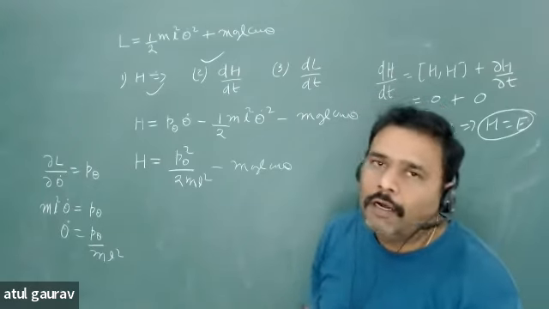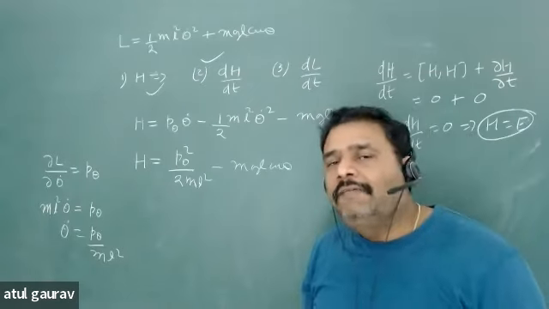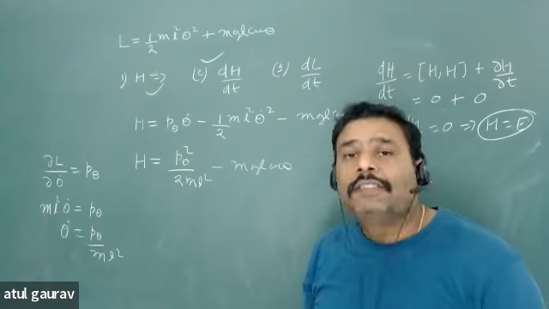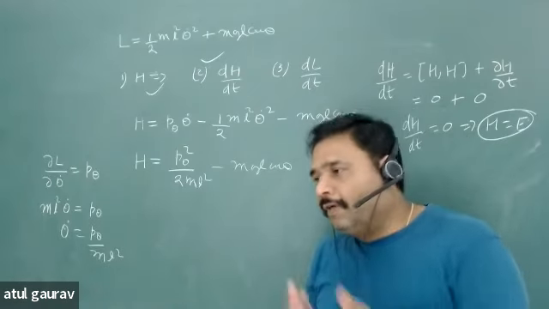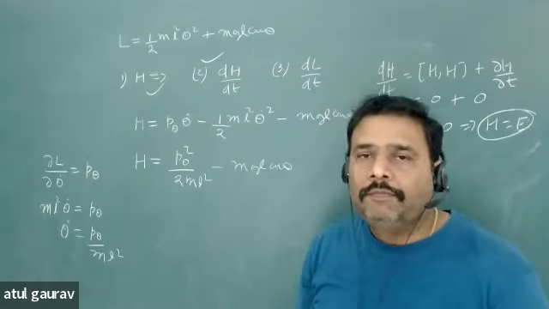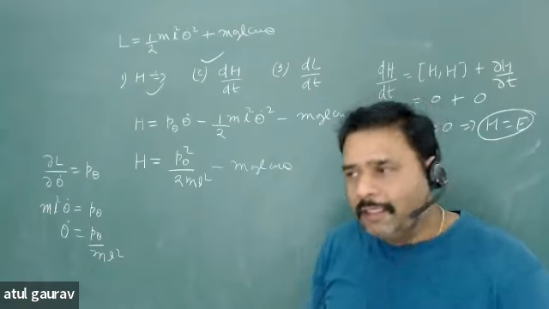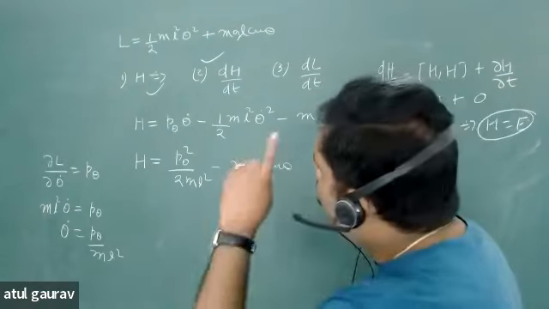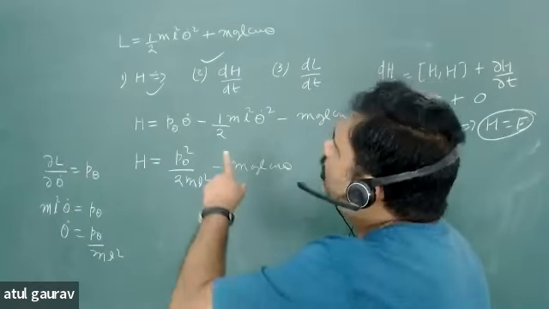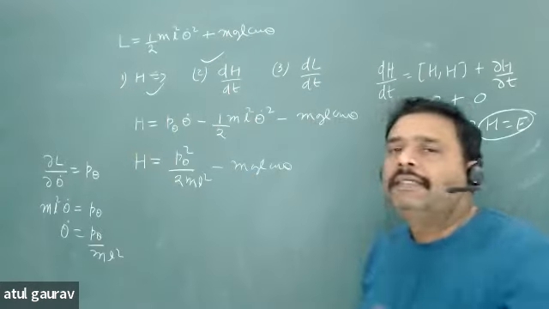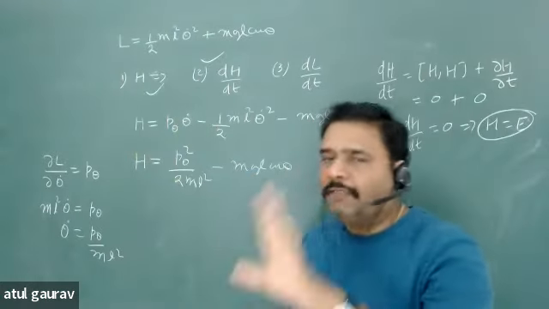Why? Because it is not necessary that the total time derivative of any function apart from the Hamiltonian will be equal to the partial time derivative of that particular function. Let us try to figure it out. But before that, we have to write the Lagrangian mathematically as a function of generalized coordinate and generalized momentum.